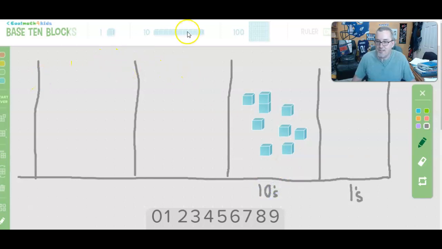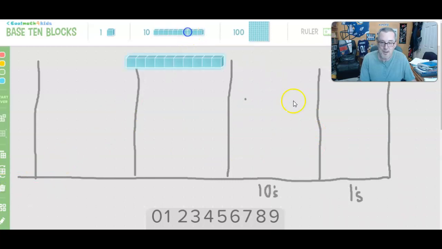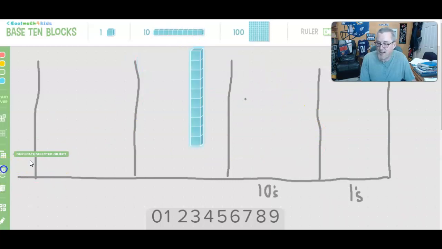All right. So what I'm going to do is get rid of these, because rather than keeping track of these single groups of 10, we're just going to keep track of a 10.